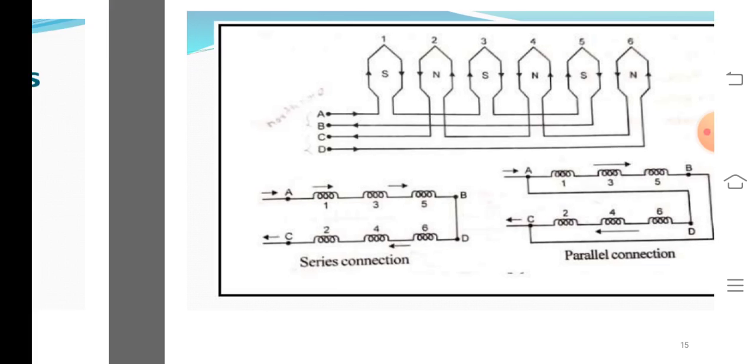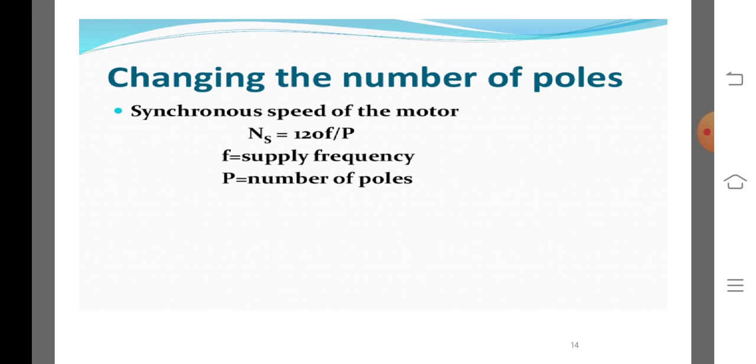Come, let's go with changing the number of poles. The changing poles can be connected and built into the motor winding across both stator and rotor.